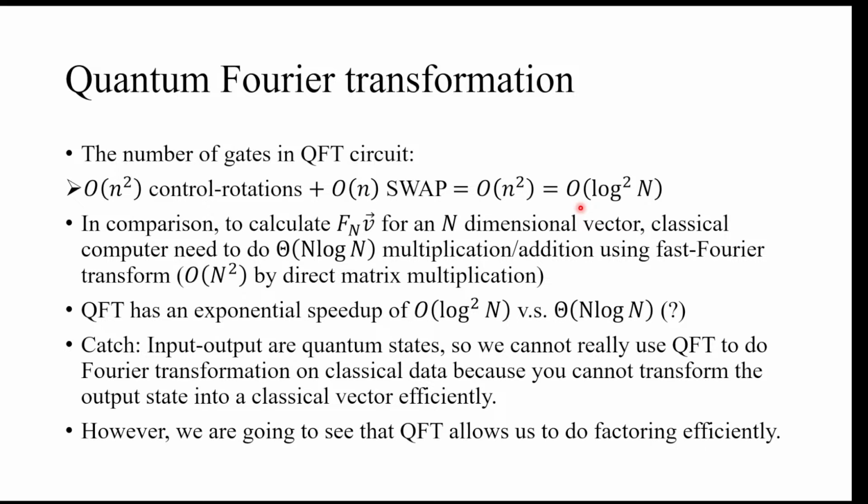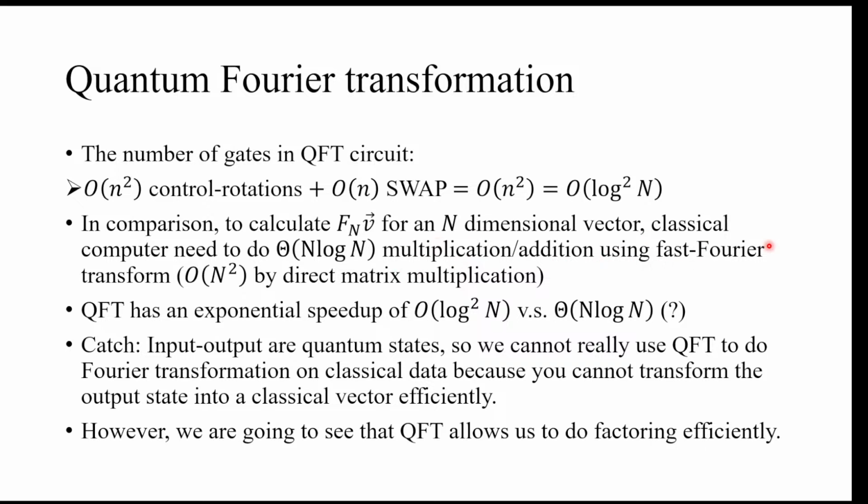Okay, and now compare to classical Fourier transform. If you have a vector of big N dimensions, and you want to calculate Fn of V, on a classical computer you need to do theta N log N elementary operations, multiplication or addition.